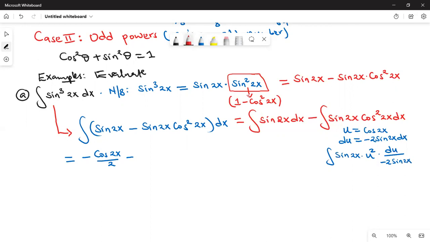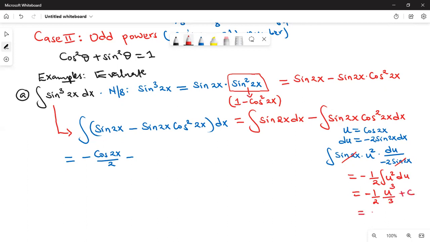So you see sine 2x will cancel with this other sine 2x, so it's like you have negative 1 over 2, the integral of u squared du, which will give you negative 1 over 2. Use a power rule, add 1 to the power, so that is u raised to 3, 2 plus 1 is 3, u raised to 3 over 3, because there's a constant c of integration.